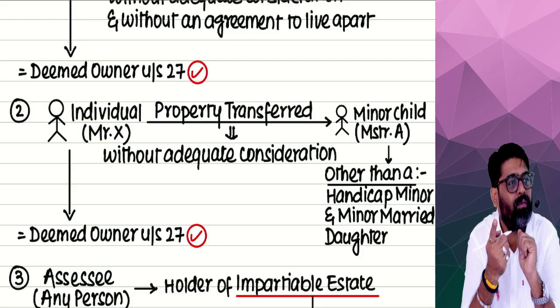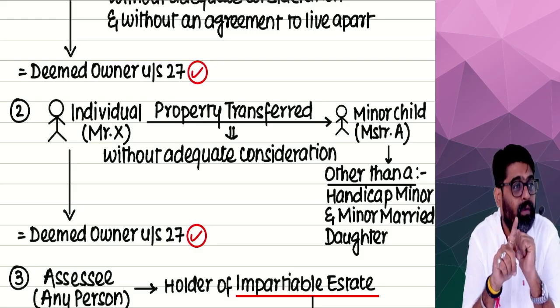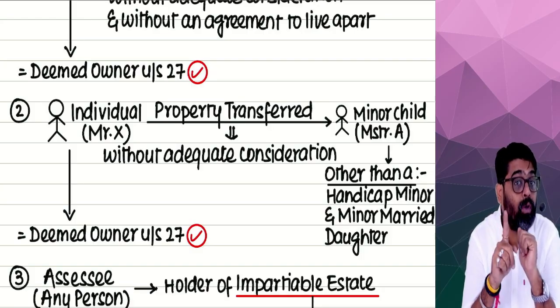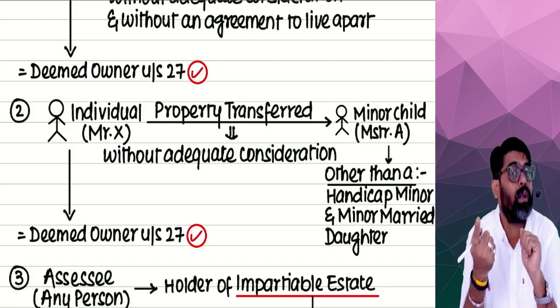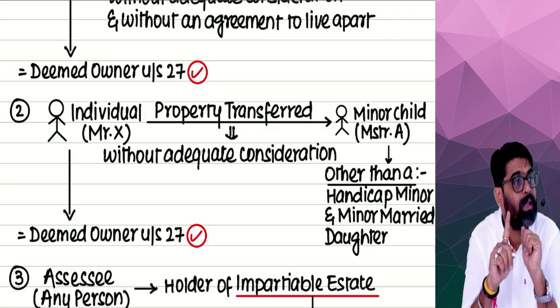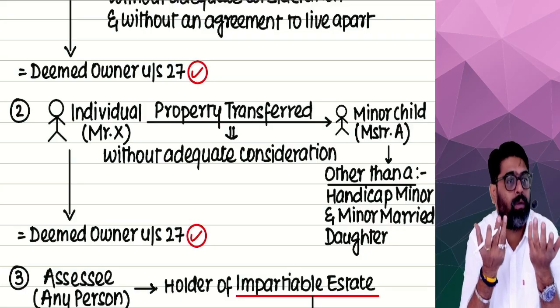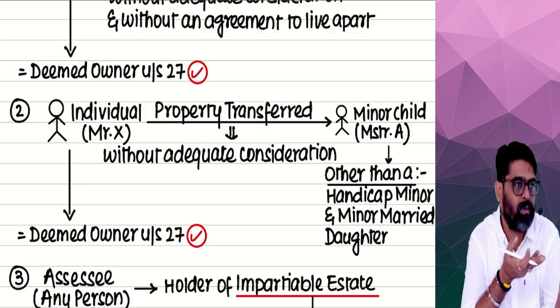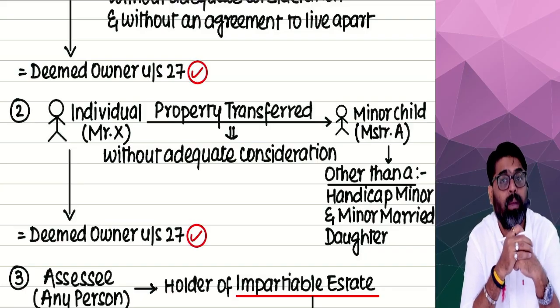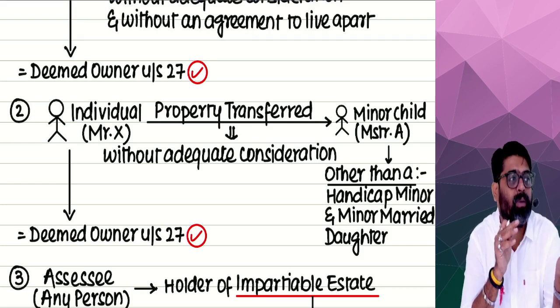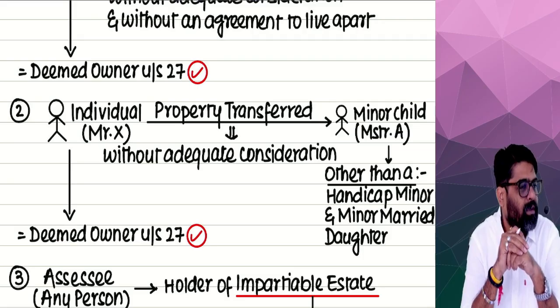Section 27 will apply only if the property is transferred. So earlier the property was on your name and you have transferred the property, only then Section 27 will be applicable. But the property was not on your name, you have not transferred the property, directly the property is bought on the name of minor child or spouse. Then for such property, you will not be treated as deemed owner.